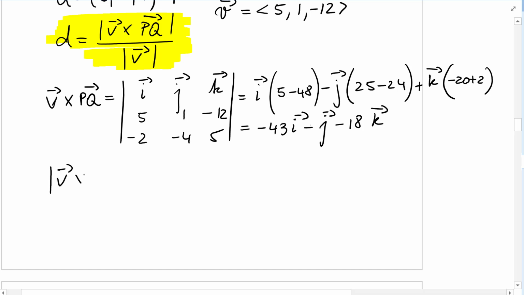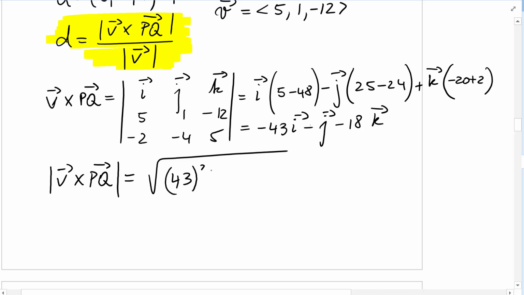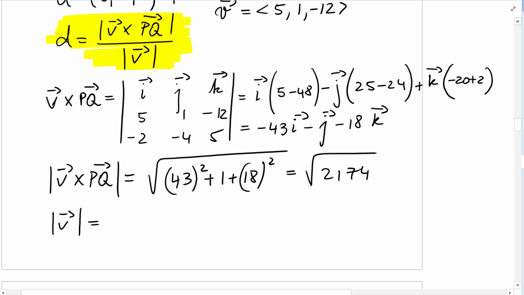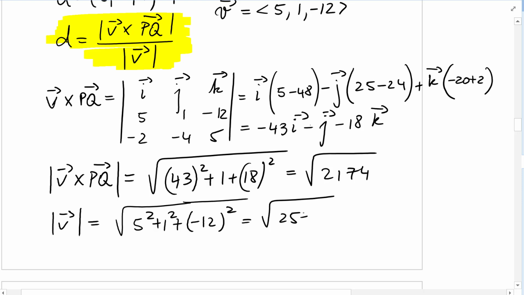This is the cross product, but for my formula I need the magnitude of that. So the magnitude of v cross product PQ equals the square root of 43 squared plus 1 plus 18 squared, or -18 squared, but that's positive. So we get the square root of 2174. The magnitude of v is the square root of 5 squared plus 1 squared plus -12 squared. So we get 25 plus 1 plus 144, which is 26 plus 144, it's the square root of 170.